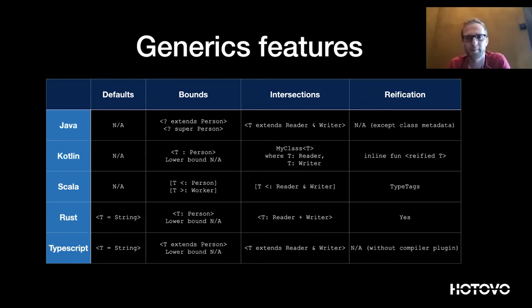Kotlin supports it with the where keyword, where I can define multiple constraints for the type T. Scala, same thing with this syntax. Rust supports it with the plus sign here. And of course, TypeScript supports intersection types at the basic level, so it also supports it on generic types.